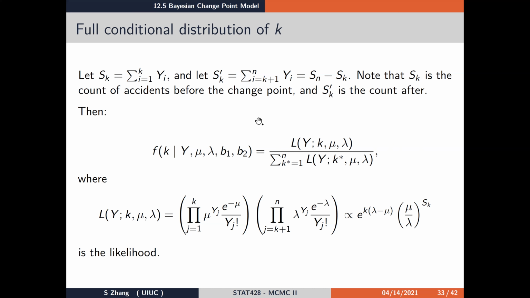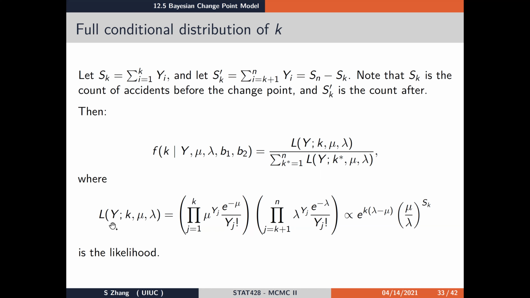Then we can find out that the conditional probability that K, the change point, is equal to k given y, mu, lambda, b1 and b2 is equal to L of y given k, mu, lambda divided by the sum from k star equals 1 to n of L evaluated at y, k star, mu and lambda.